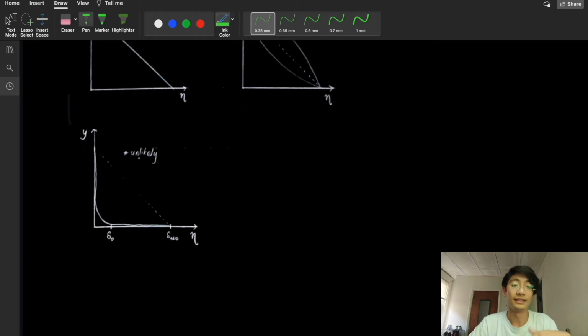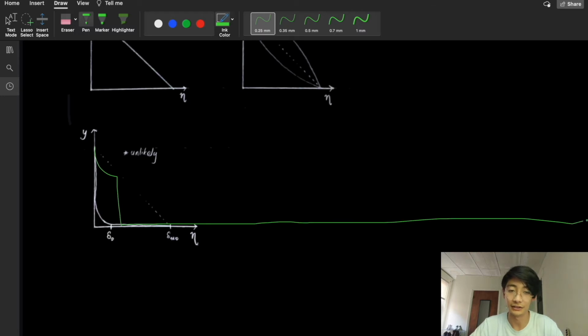What that means is that the mole fractions go like this with respect to z, not eta. And then when it reaches the top of the screen, it's just going to drop to 0. And then all the way up to the ceiling, it's just going to be a straight line of 0 all the way to the top.